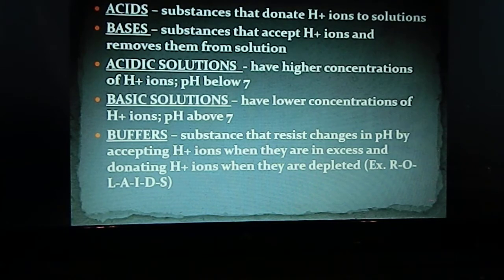A basic solution is where you have a lower concentration of hydrogen ions, and the pH is going to be above 7. So pH 7 to 0 are acidic solutions. Solutions that have pH 7 to 14 are basic solutions.